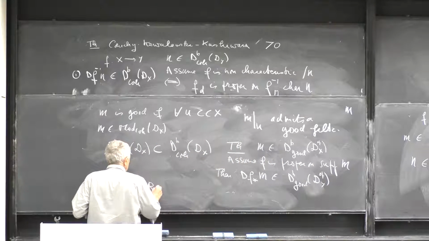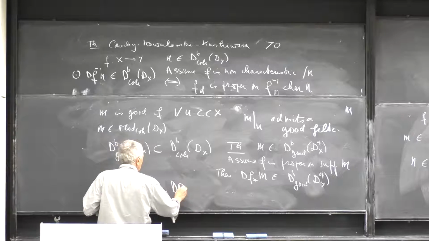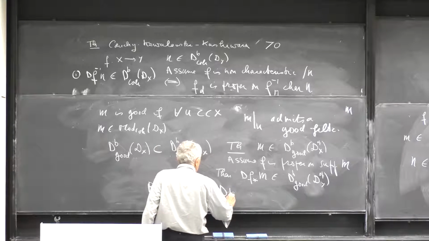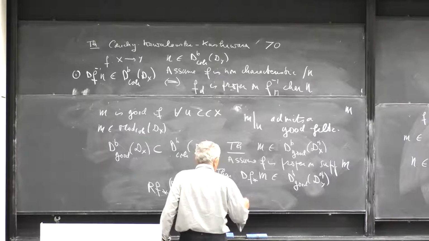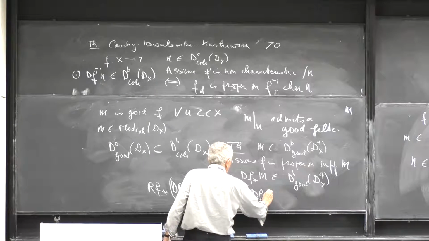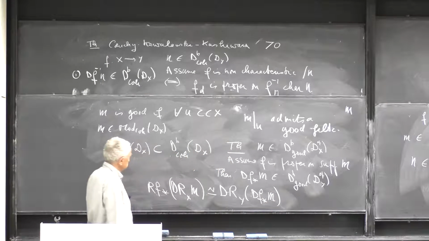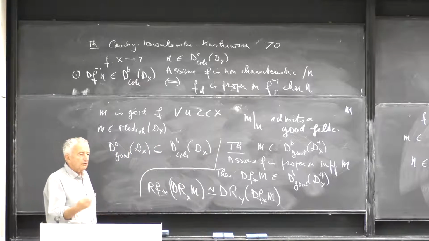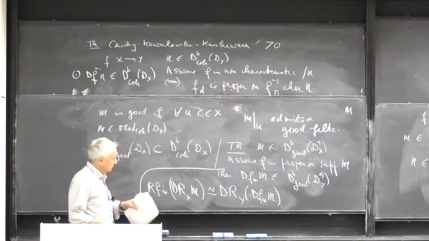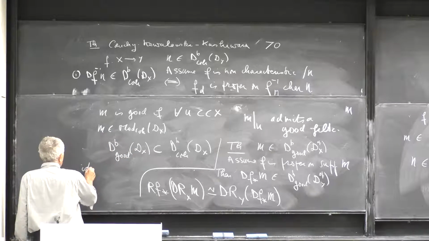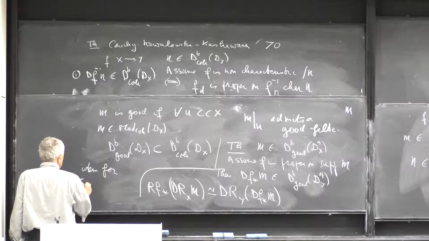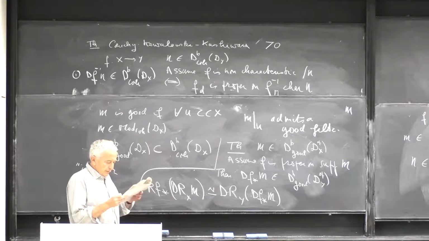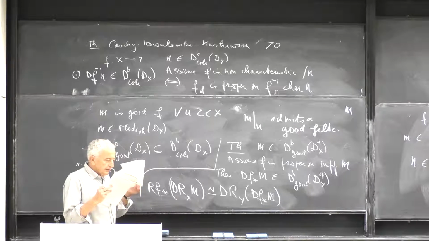Then the direct image of the DR_X of M is isomorphic to the DR_Y of the direct image of M. And there is a similar formula for the functor of solution, but with a shift. Idem for Sol. Almost idem with a shift. But Sol and de Rham are equivalent. Okay? So we shall need these things.